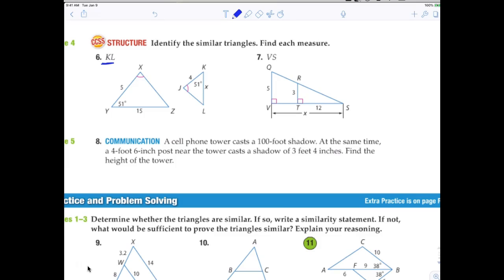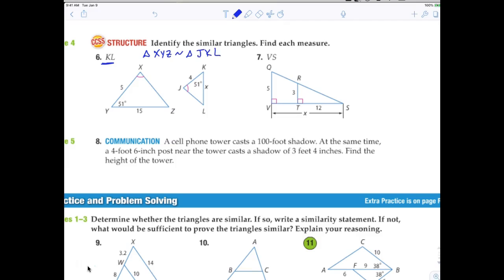If the triangles are similar by angle-angle similarity, now it's just a matter of lining them up properly. So I would say triangle XYZ is similar to what? Triangle JKL.